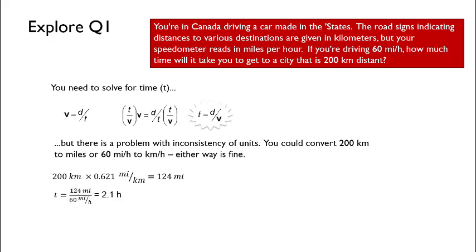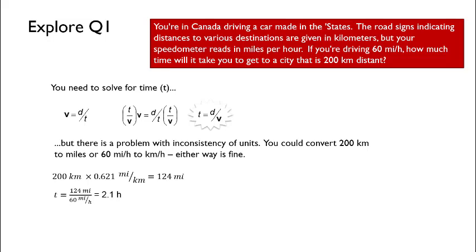We return to our t equals d over v expression now, as the units are all correct. 124 miles divided by 60 miles per hour leaves us with 2.1 hours when it's all said and done. The miles cancel out, and hours are left in the denominator of the denominator, meaning that they are in the numerator, and that we have hours as our final unit.